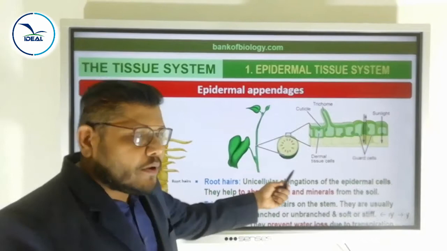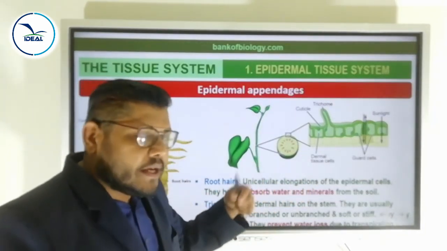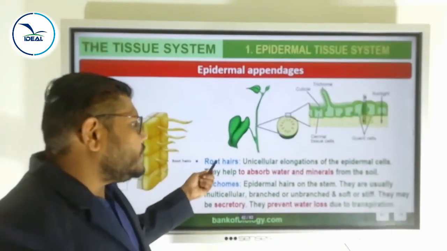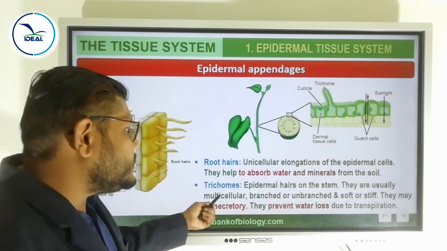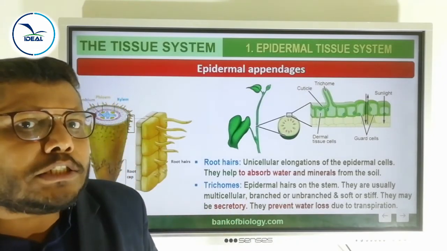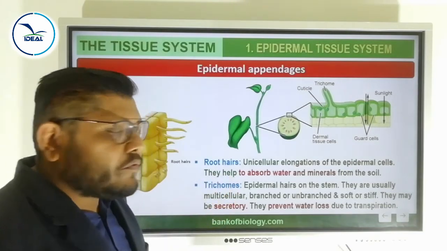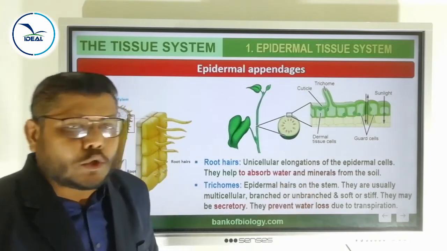Root hairs are found in root epidermal cells, and trichomes are present in stem epidermal cells. Is it clear? So root hairs are unicellular elongations and trichomes are multicellular, branched or unbranched structures. The function performed by the root hair is to absorb water and minerals from the soil.